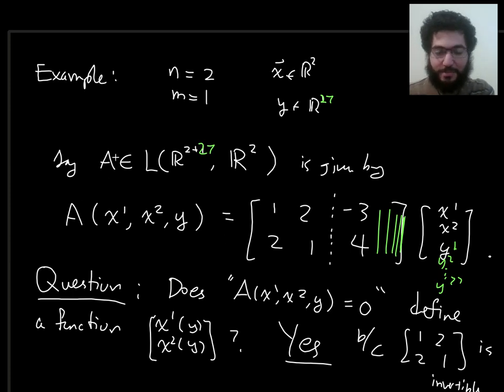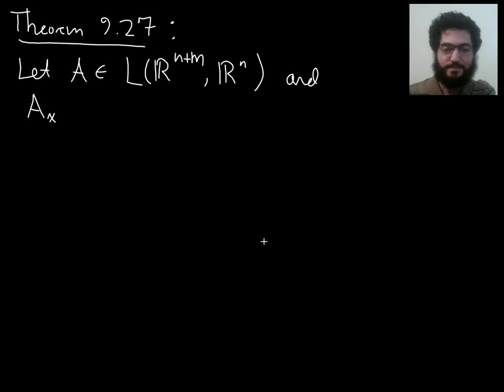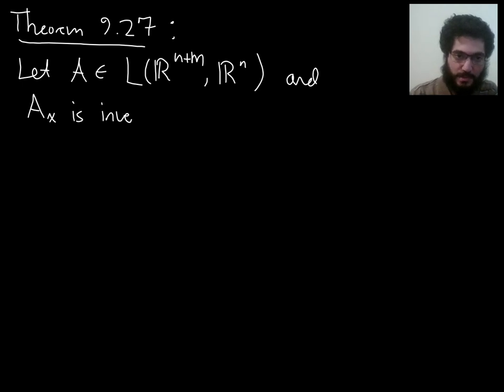I'm being pretty careful about that. When I say A is a linear map, I mean it's a function, not a matrix. So you can see I wrote A applied to this equals the matrix applied to this. That's not the same as saying A is the matrix. All right, so A sub x, let's assume it's an invertible linear map.